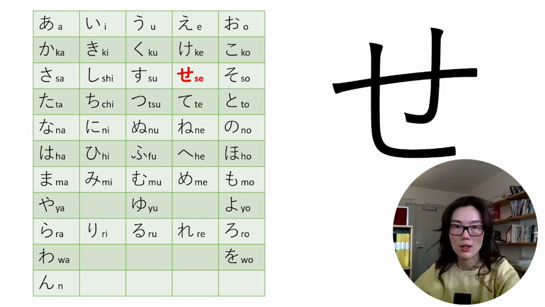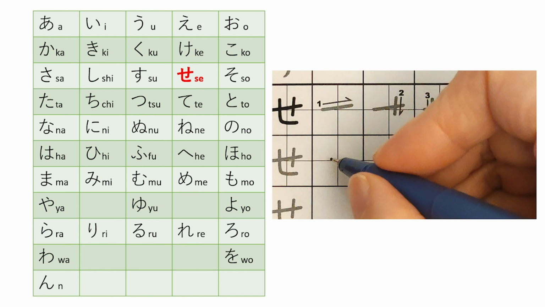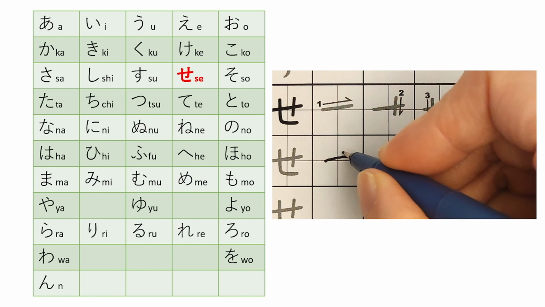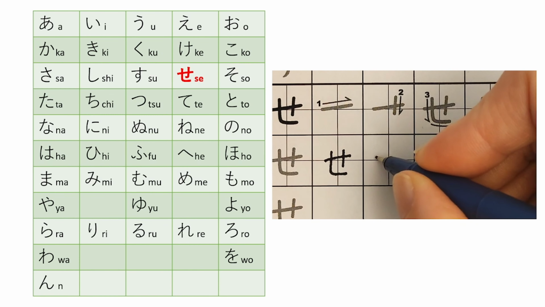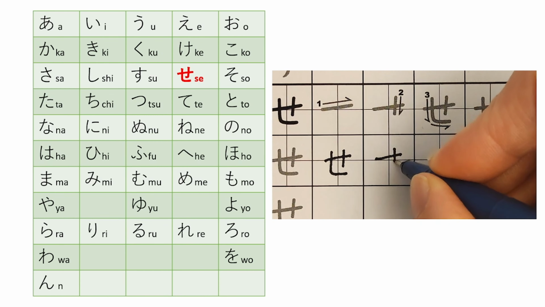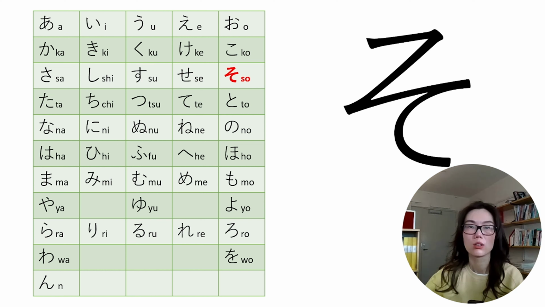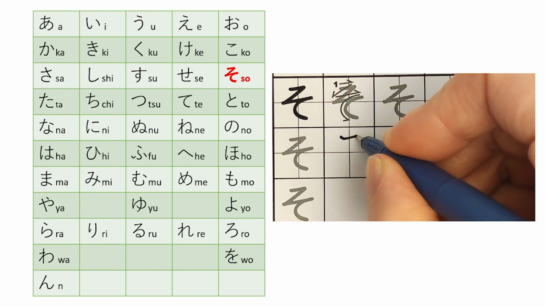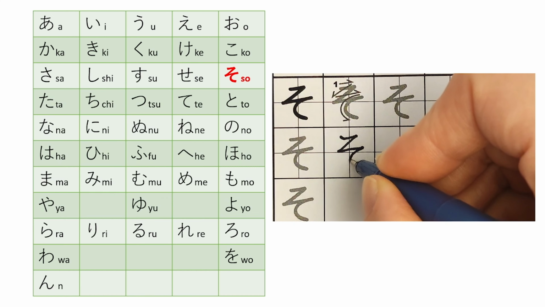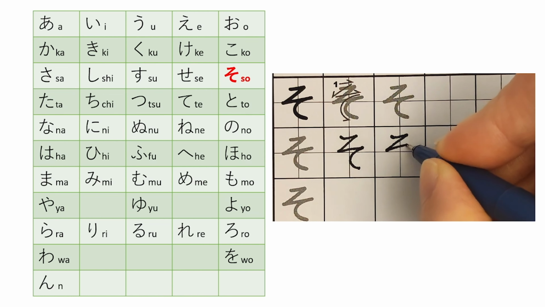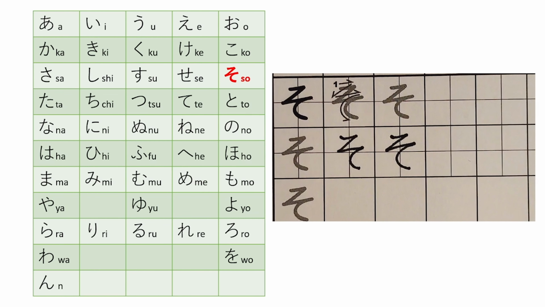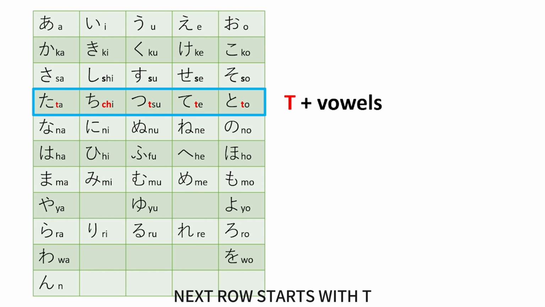Se, se, se. So, so, so. Next row starts with t.